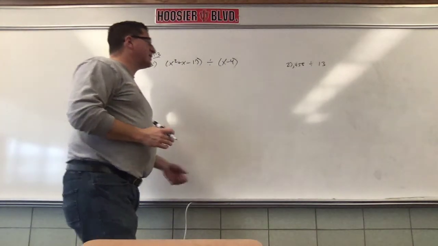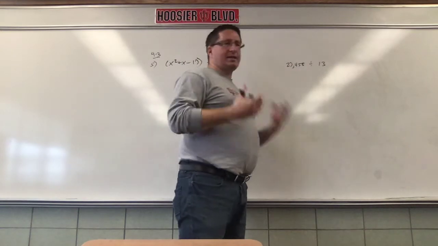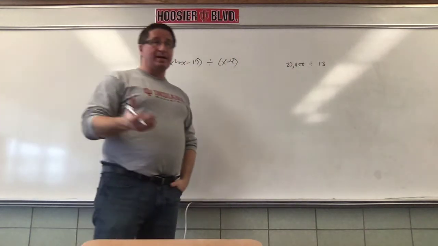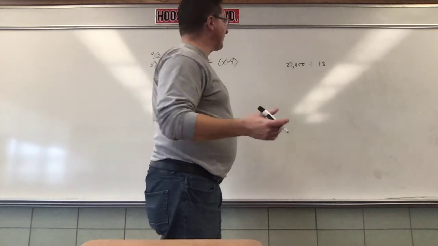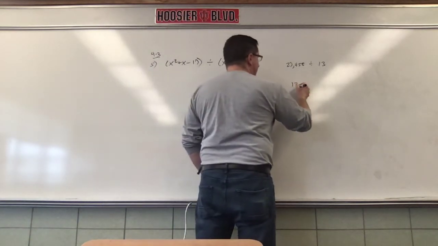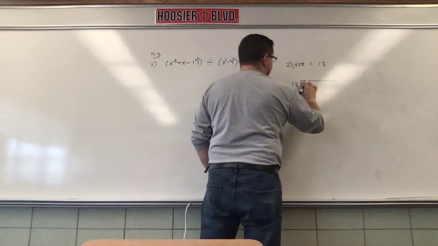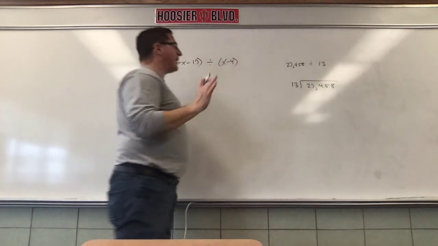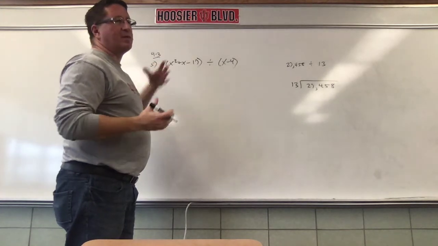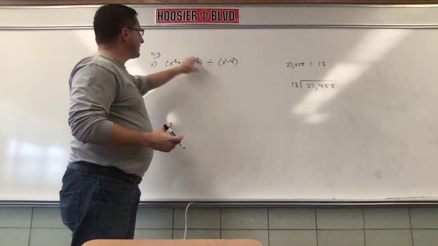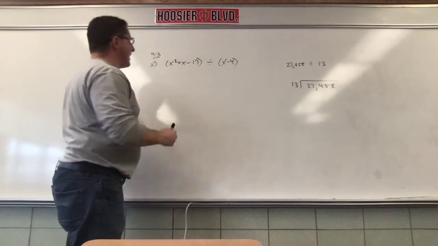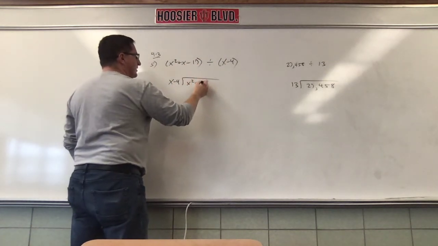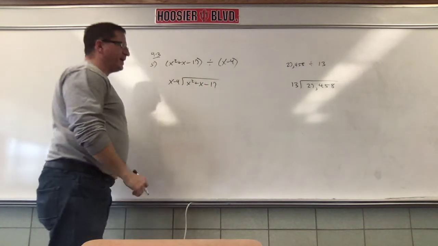But if I said to do this without a calculator, it's probably been a while since I've done a problem like that, back in middle school, but hopefully you remember that the first thing you do is write 13 and then a little box thing, and then 27,458. As soon as we write this down, we rewrite it. Instead of saying this divided by this, we say this goes into that: x minus 4 goes into x squared plus x minus 17.